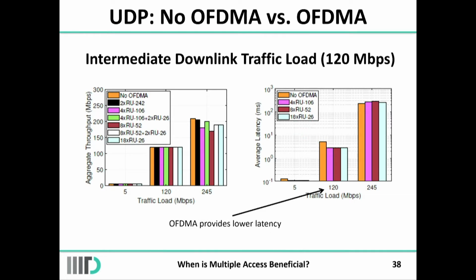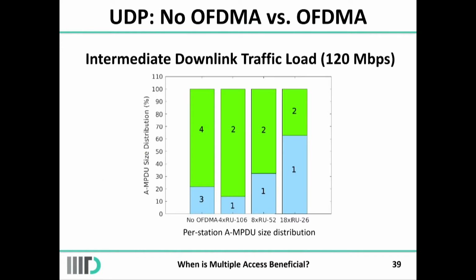So again we tried to look deeper as to what was the reason that it was giving lower latency. Again we look at the aggregation statistics, and this is for intermediate load.